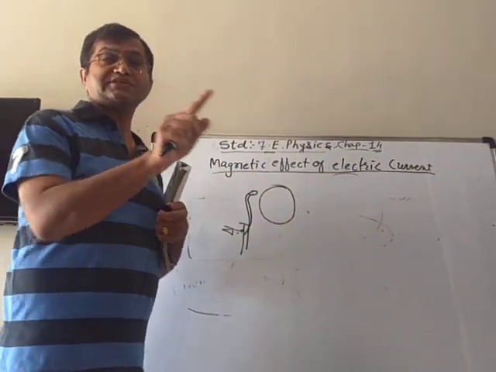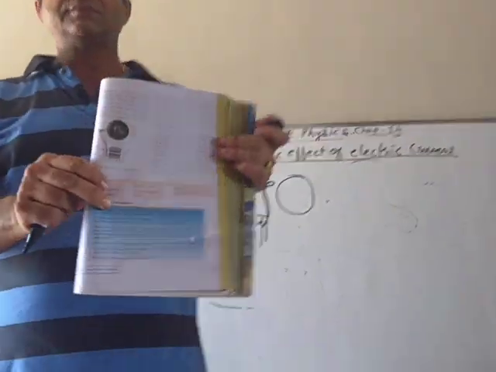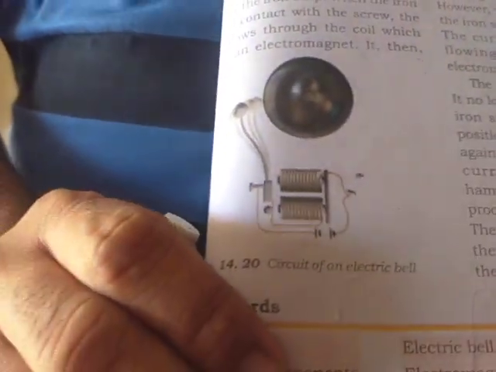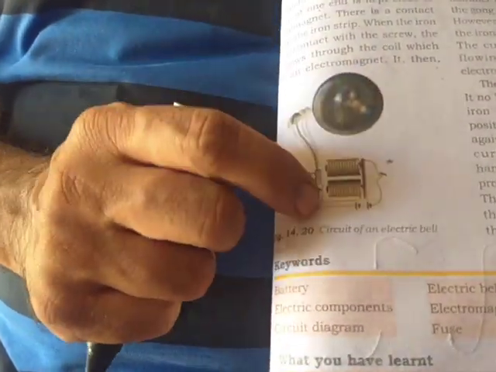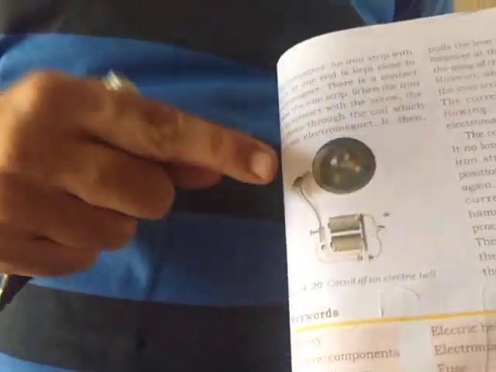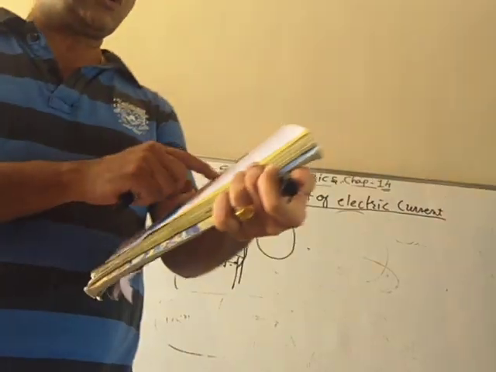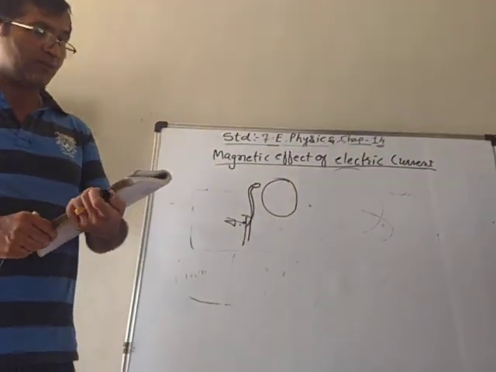So as many times as you press it here, it works as an electromagnet when the switch is on, because the current is passing through. And so many times when we press it, it strikes on that thing and the bell rings. So that is also used as an electromagnet.